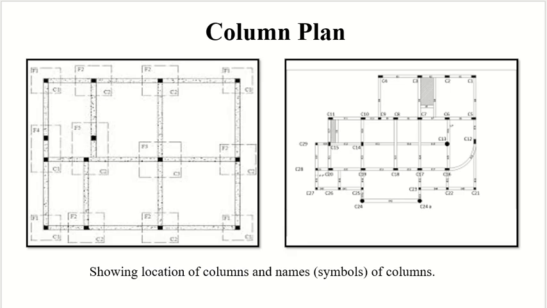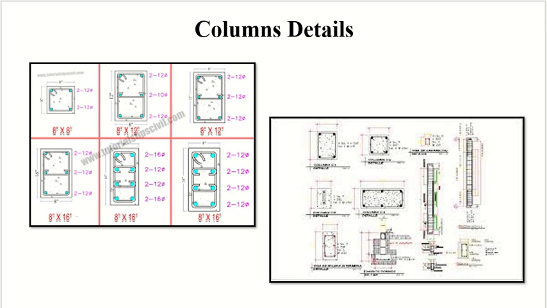And this is the column plan, which tells you the size of the column, the number of columns and the type of columns. Again, you can see the coding. Then you can have a table that shows that C1 means how much reinforcement, C2 means how much reinforcement, and then you have the details and the drawings as well. For columns, you may focus on the connection of the column with the footing.